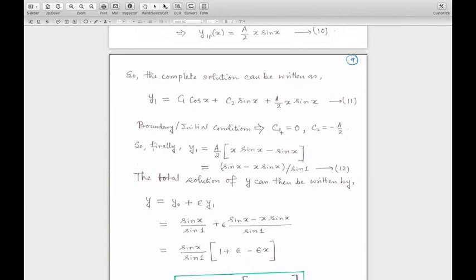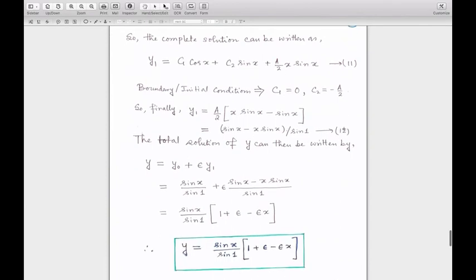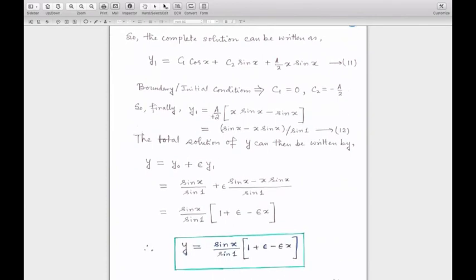That means c2 will be equal to minus a by 2. Then finally, replacing all the values of the constants, and also substituting the value of a, the total solution for y1 is equal to 1 by sine 1 times sine x minus x sine x. Now this was only for y1.